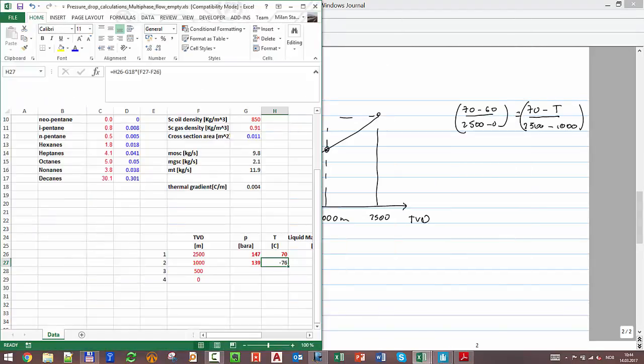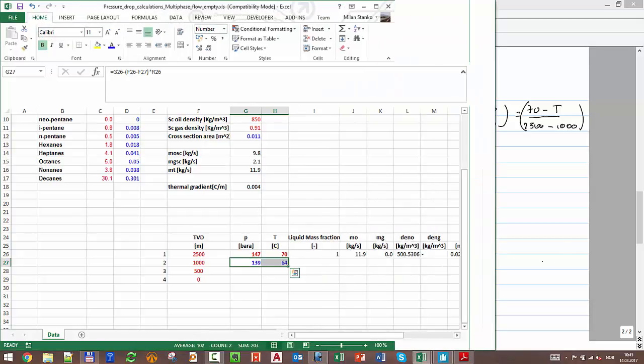The temperature will be equal to 70 minus, yeah, it's minus, right? Minus that number times that number. Okay, 64, and that should be in blue because we calculated it.